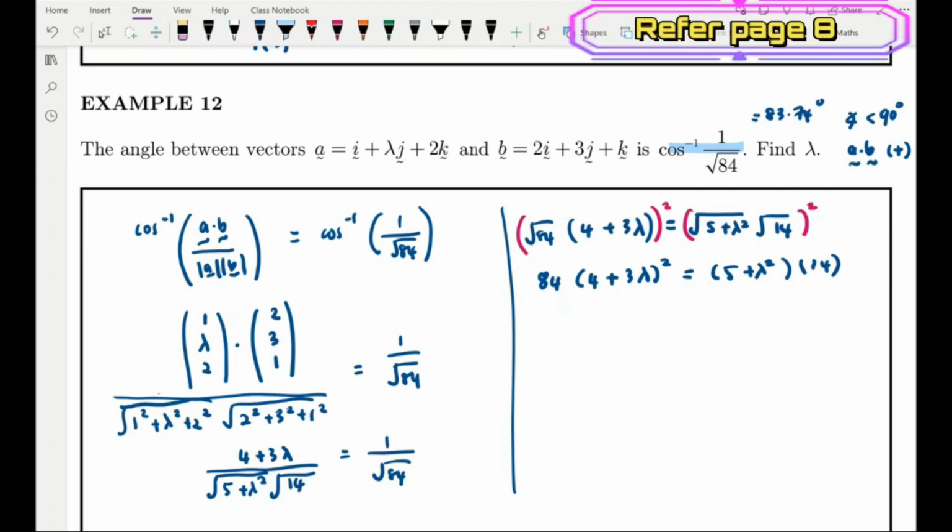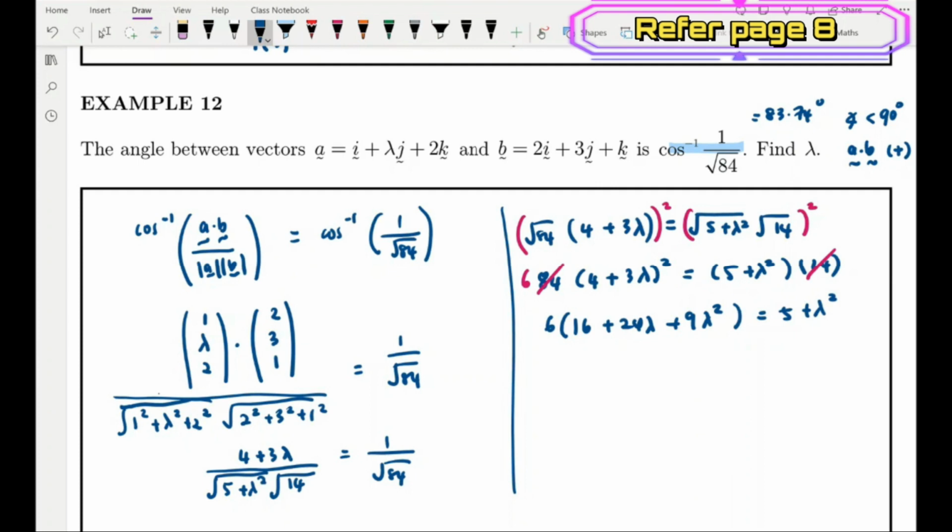And we can simplify 84 and 14. So we can get 6 here. So we have 6 times 16 plus 24 lambda plus 9 lambda squared equal to 5 plus lambda squared.